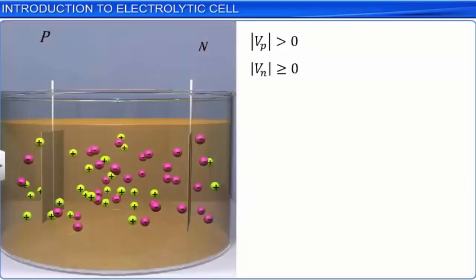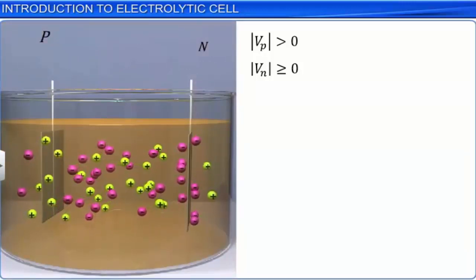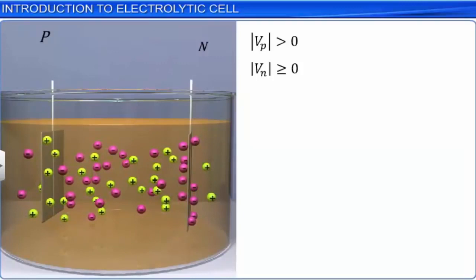Let us now understand the concept of the electromotive force of an electrolytic cell. The potential difference, V, between P and N is Vp minus of minus Vn, which is equal to Vp plus Vn. Let this be equation 1.